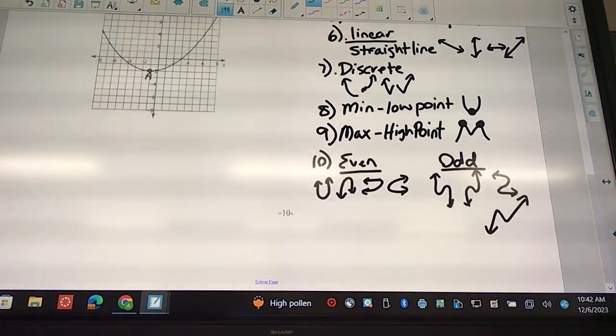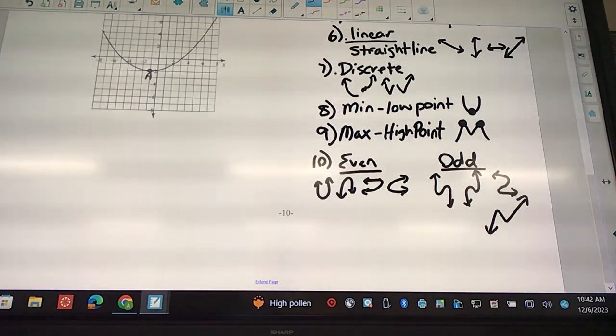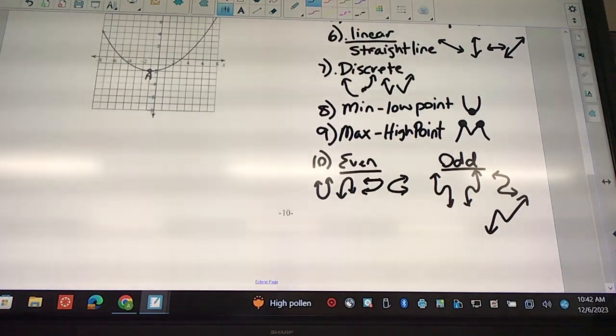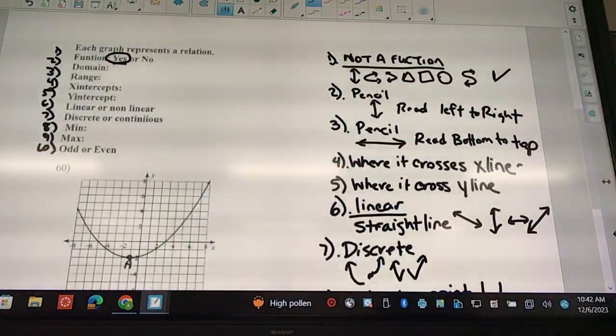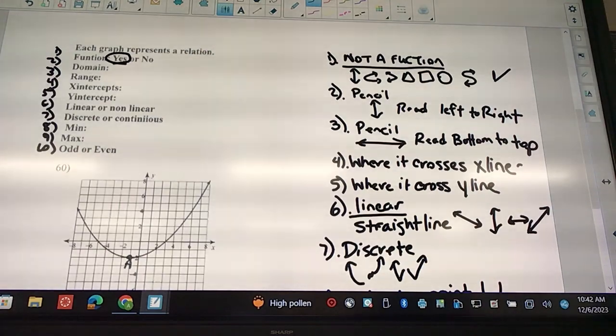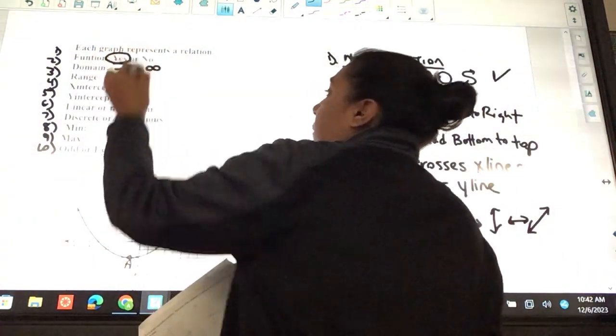Okay, so if we look at this graph, is this a function? Yes, it is. So we can start to fill this part out. The domain: negative infinity to infinity.